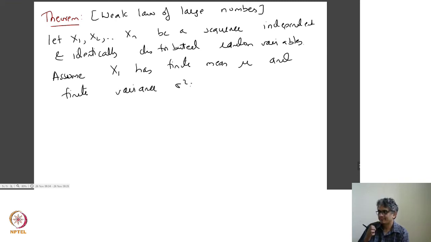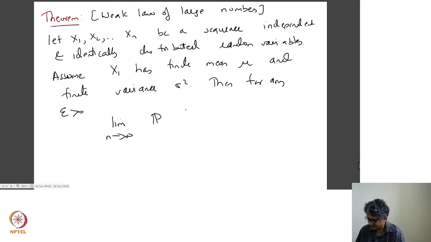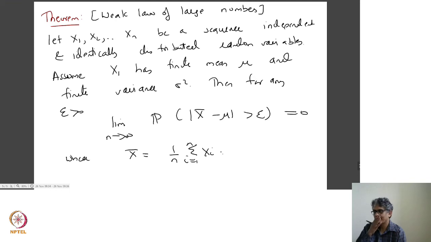Then, for any epsilon positive, the limit as n tends to infinity of the chance that |x bar minus mu| is bigger than epsilon is equal to 0, where x bar is 1 over n summation i equal to 1 to n of X_i. This is what we have proved. It's called the weak law of large numbers.